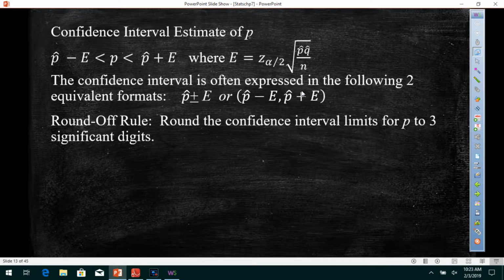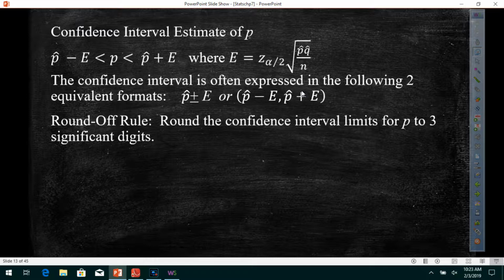Confidence interval estimate of p. So here's the formula. p hat minus the margin of error is less than p, is less than p hat plus the margin of error, where the margin of error equals z sub alpha divided by 2 times the square root of p hat times q hat divided by n.